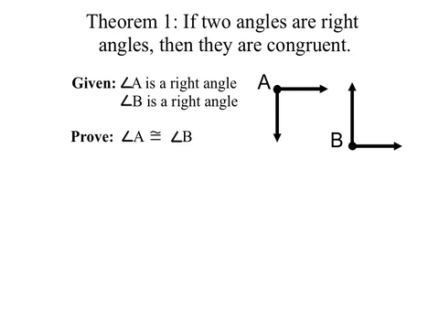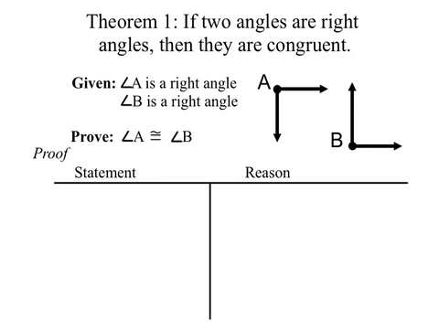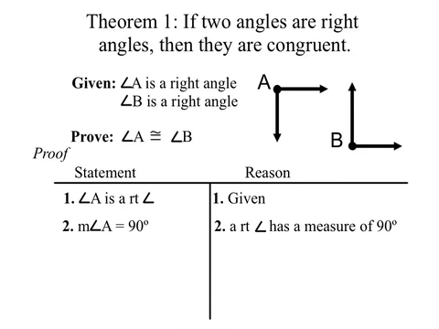And in a two-column proof, we set it up like this. On the left, we will write statements, and on the right, we will write a reason for each statement. Statement 1 is we copy the first given. Angle A is a right angle. The reason is that's given. And then we can say that the measure of angle A is 90 degrees, because a right angle has a measure of 90 degrees. That's the definition of a right angle. Number 3 is the other given.